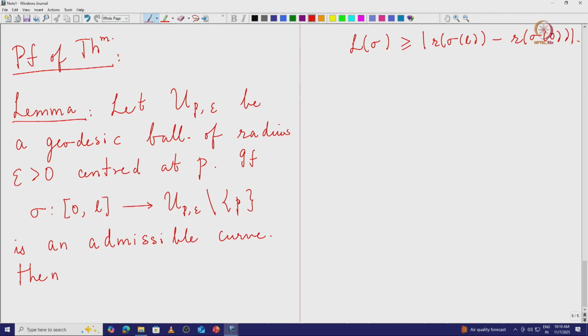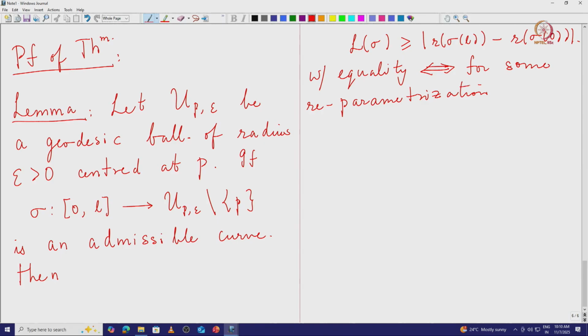Okay. With equality if and only if for some reparametrization. So again, because we are dealing with length, there is always this sort of annoying fact that one has to constantly keep reparametrizing.